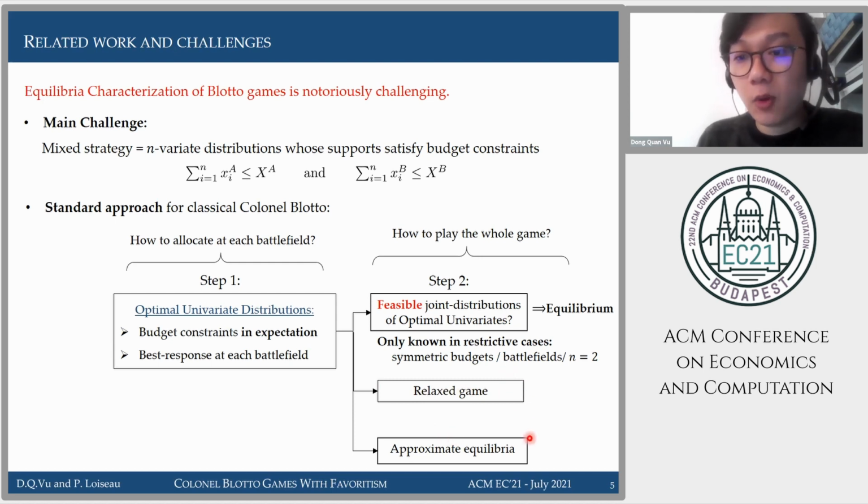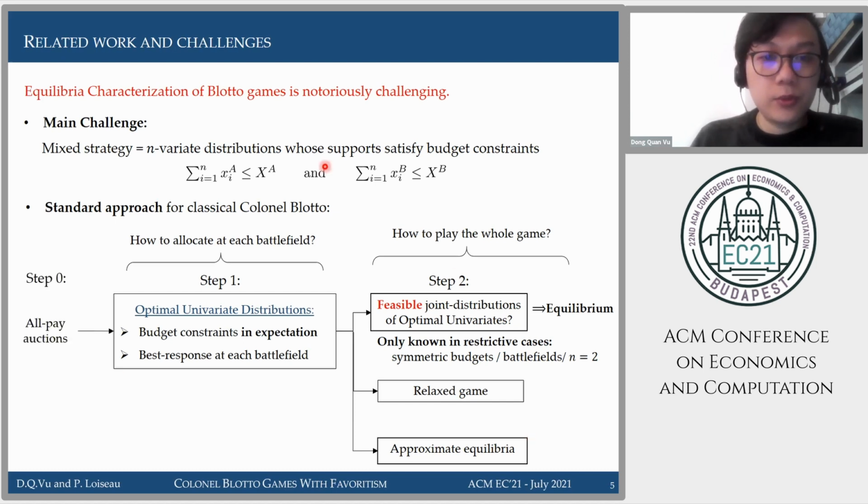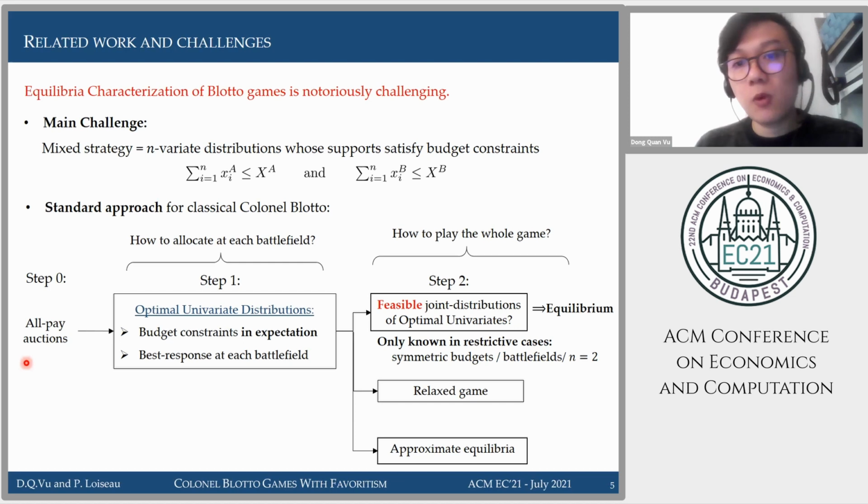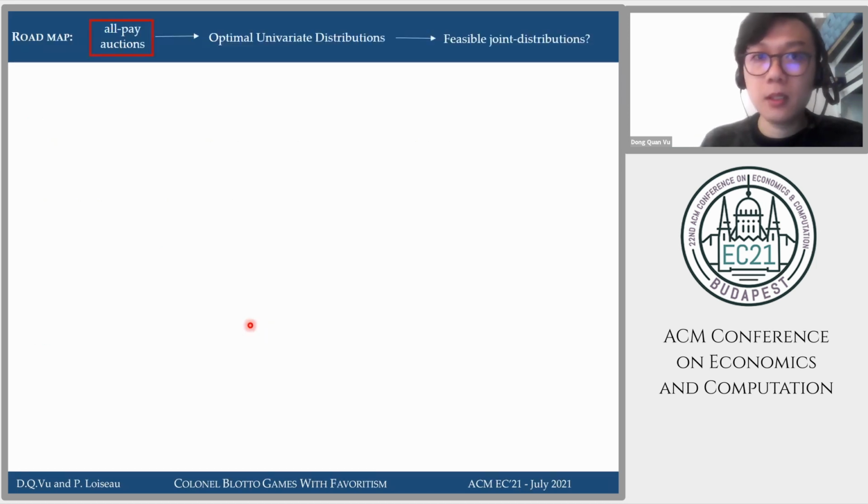I will come back to this point later. Finally, to construct the optimal univariate distribution, we need to study a related model called all-pay auction. So in this work, we will apply a similar approach to our game with favoritism. I will leave the roadmap on the top for us to keep track of what's going on.